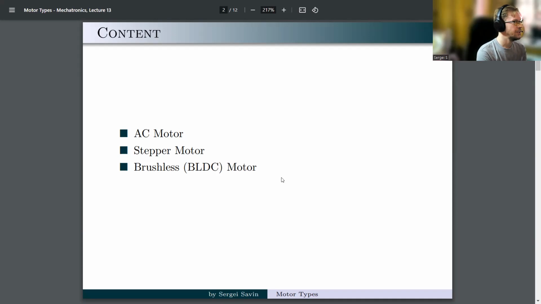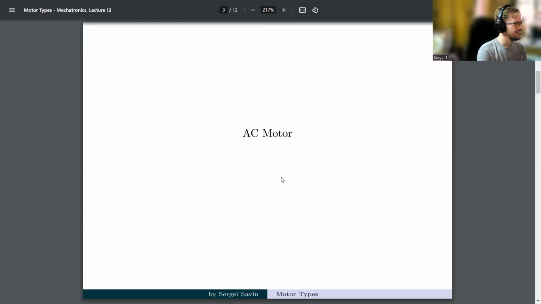So it appears to be important to understand those existing motor types as opposed to innovative designs. Not saying that the innovative designs are not important. They are. Okay, let's move into the content.